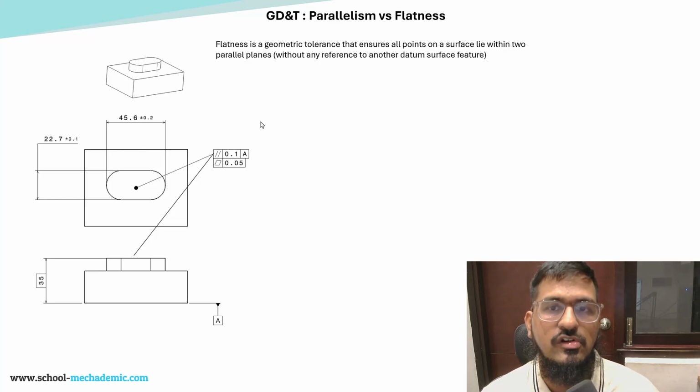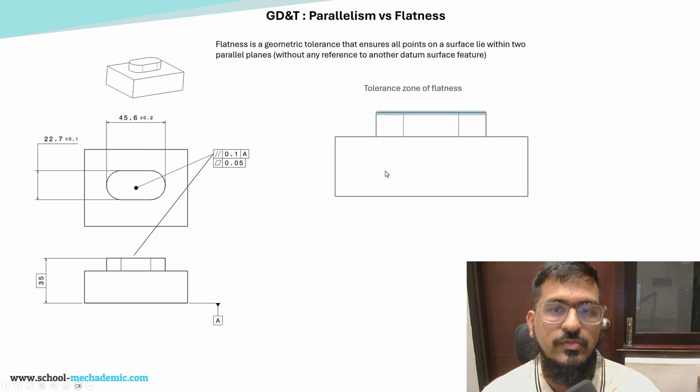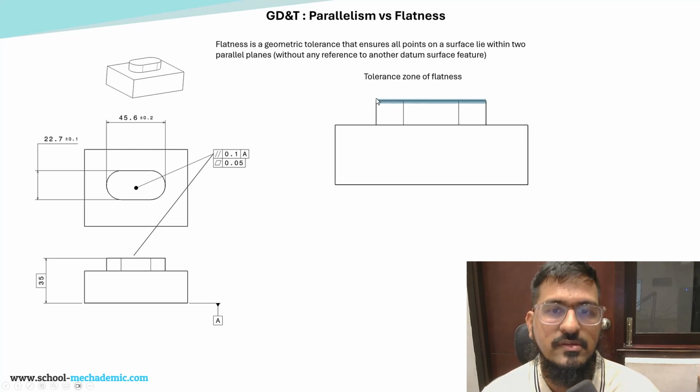It basically ensures all points on a surface are close to each other, which means that the surface is flat. So the tolerance zone for flatness will be something like this. This is a rectangular tolerance zone in this view.